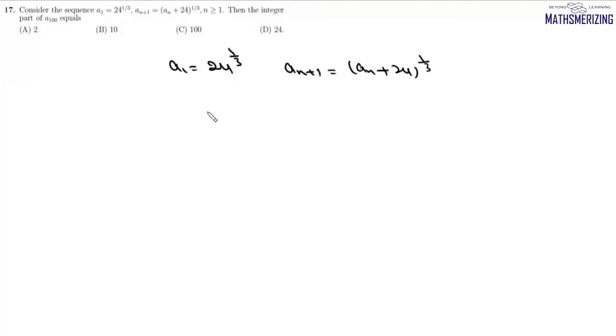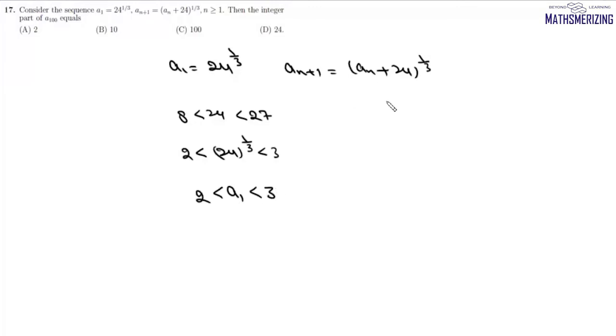Now 24 is greater than 8 but less than 27. So if we take the cube root, then 24 to the power 1 by 3 will lie between 2 and 3. So basically this a1 will lie between 2 and 3.